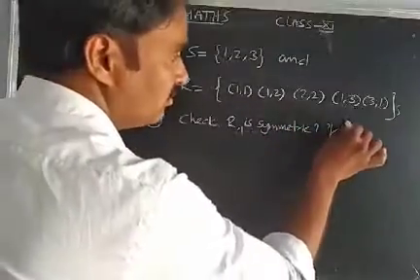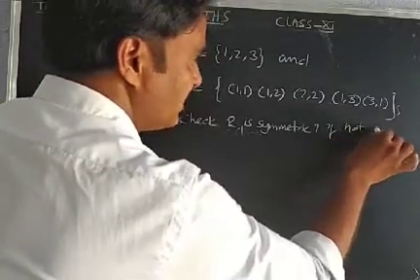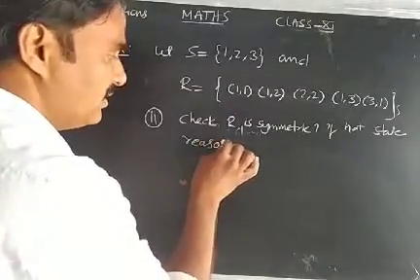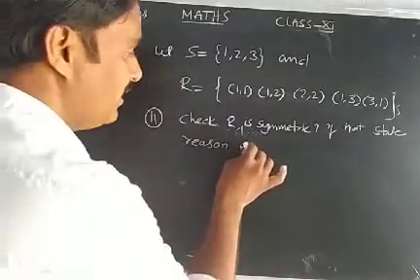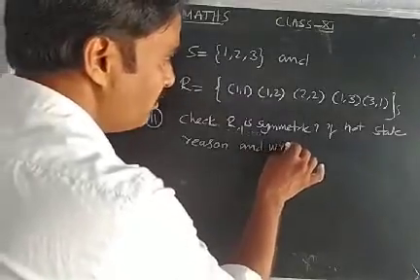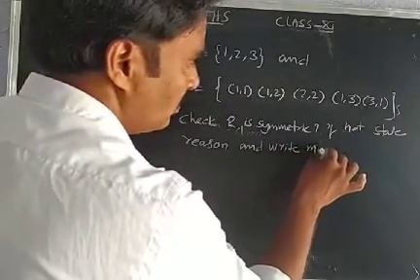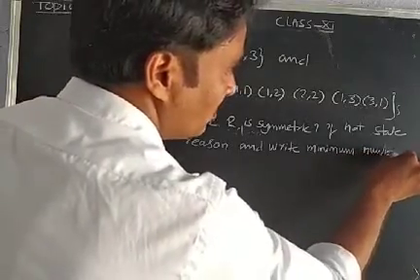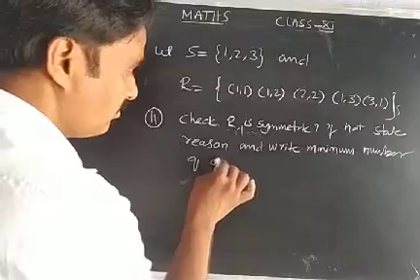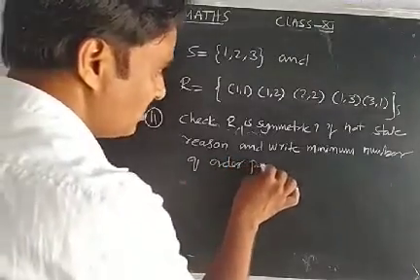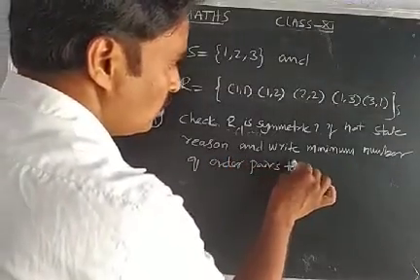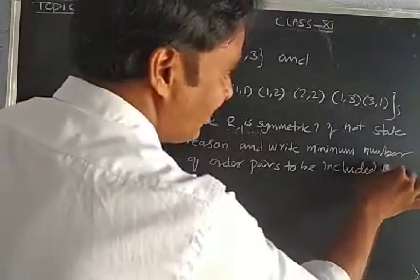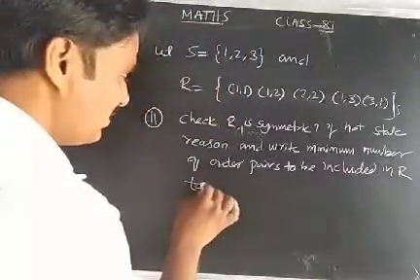If not, state the reason and write the minimum number of ordered pairs to be included in R to make it symmetric.